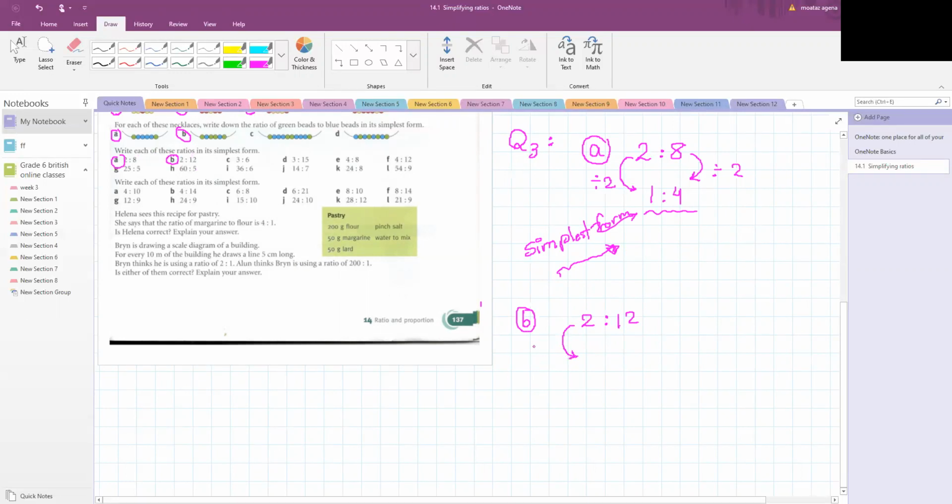So I will divide here by 2 and here by 2. So 2 divided by 2 equals 1 and 12 divided by 2 equals 6. So this is the ratio in the simplest form. We cannot divide more.